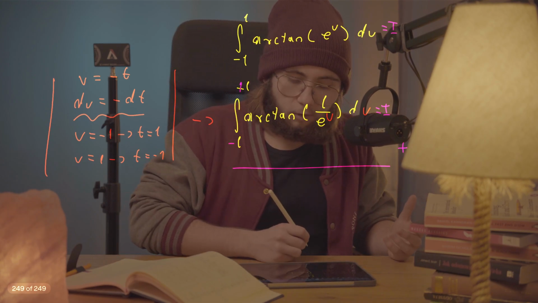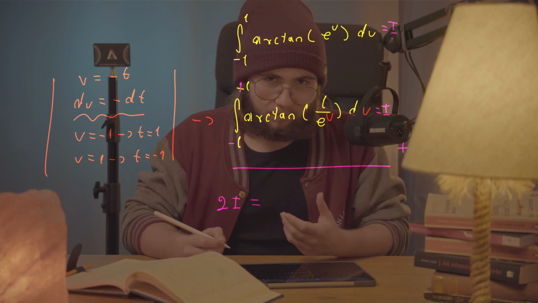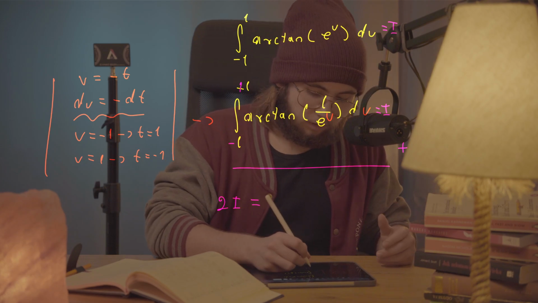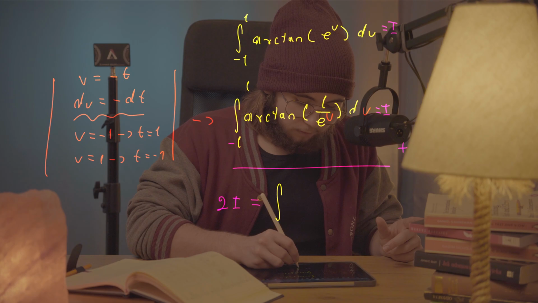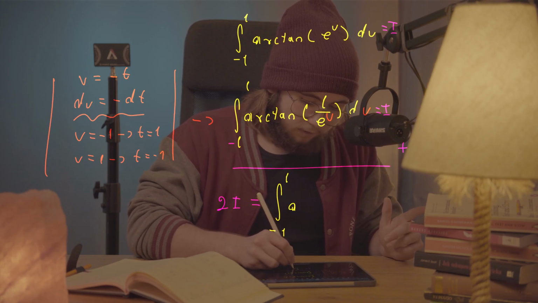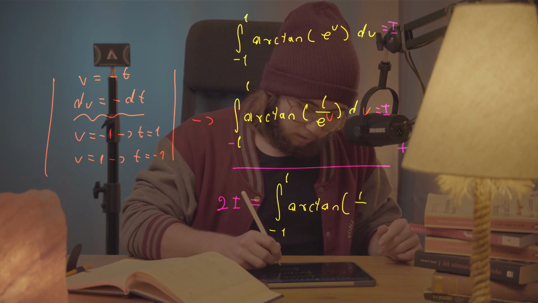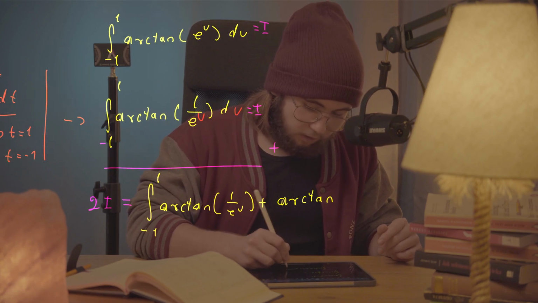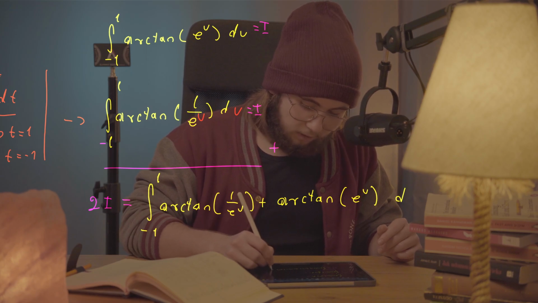What I will get on the left hand side is double the I. And then on the right hand side, I combine those integrals, because those are the same bounds, nothing really changes there. It is going to be an integral between -1 and 1 of the arctangent of 1 over e to the u, plus the arctangent of e to the u, and all is going to be du.